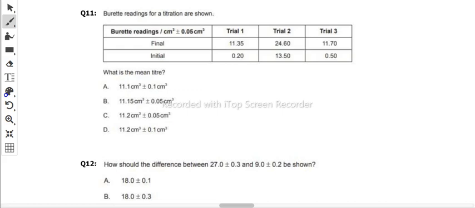Average of what? It is the average of the liquid which is used in each trial. So if I have final burette and I have initial burette, I need to subtract the initial from the final each time in order to find the total volume that has been used inside my titration. So 11.35 minus 0.2 is 11.15.